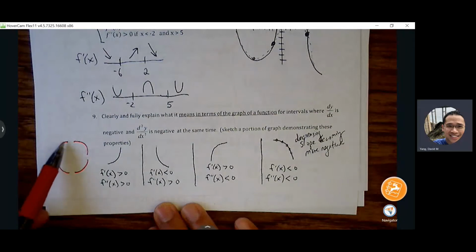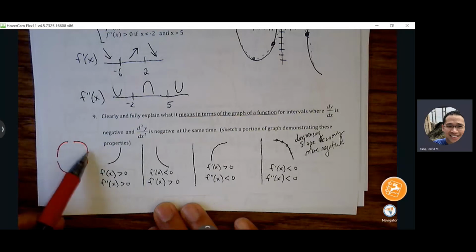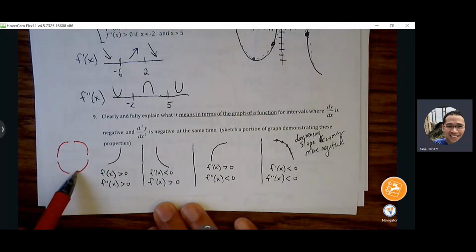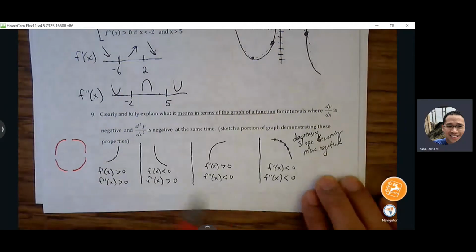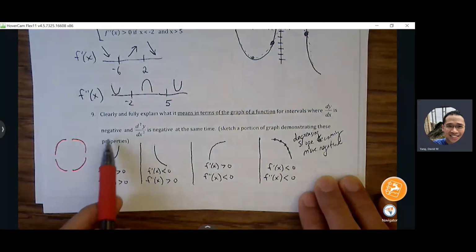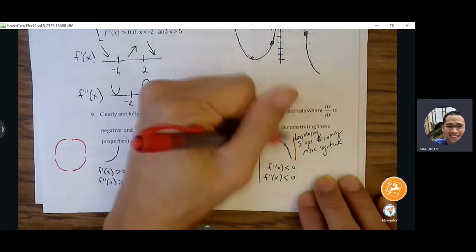This will be positive slope, concave down; negative slope, concave down; negative slope, concave up; positive slope, concave up. And we just want to be able to identify the right one. So negative slope, concave down. This is what that graph looks like.